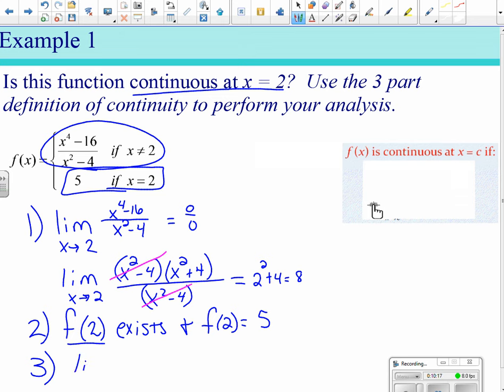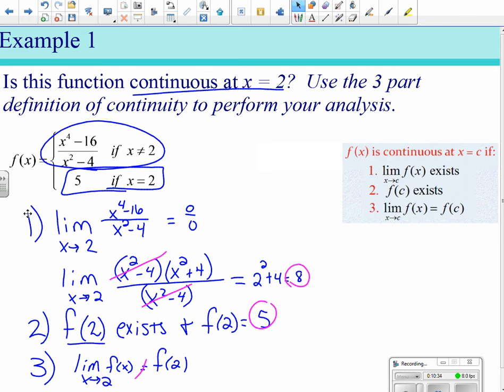So does the limit as x approaches 2 of f of x equal f of 2? And of course we can conclude that no, it does not. It fails right there. Therefore, our conclusion is that this is not continuous.